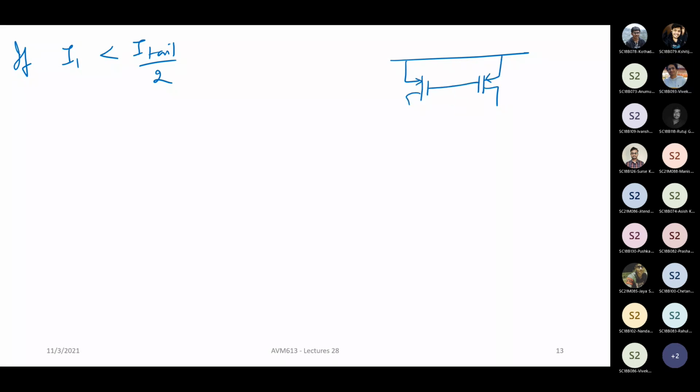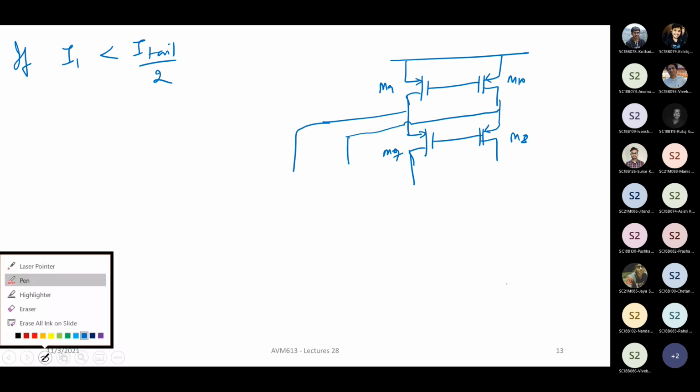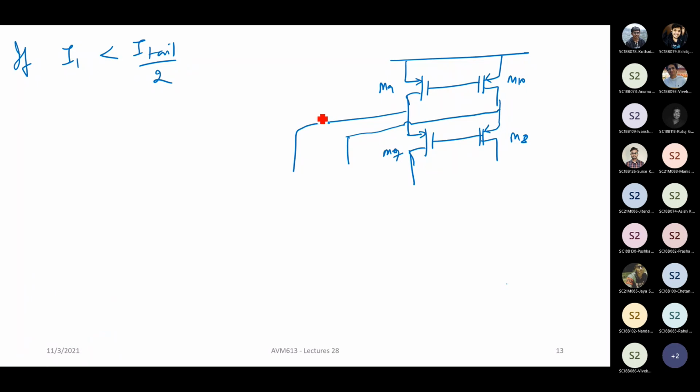So here, maybe it'll be better for me to explain with the top section actually. So let us say this is M9 and M10, M7 and M8, right? And you have these two lines going in, right? Because of the way in which we have done, here you're drawing I tail and here you're drawing 0.